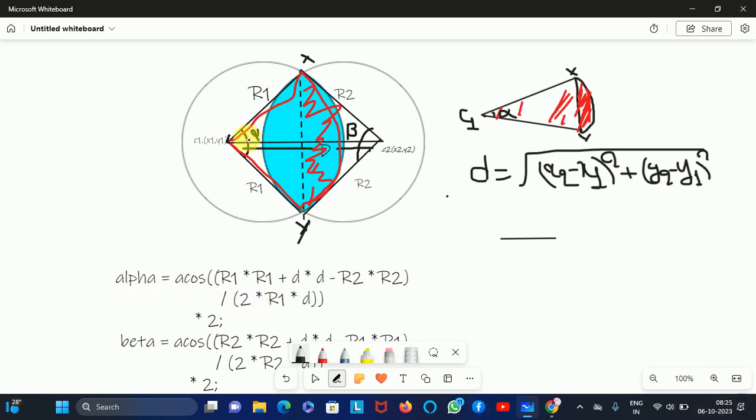Let this angle be alpha. The formula of this angle is cos inverse of (r1 square plus d square minus r2 square) upon (2 r1 d), and the whole thing multiplied by 2. This is a common formula. If you can't understand, I will write it here also.